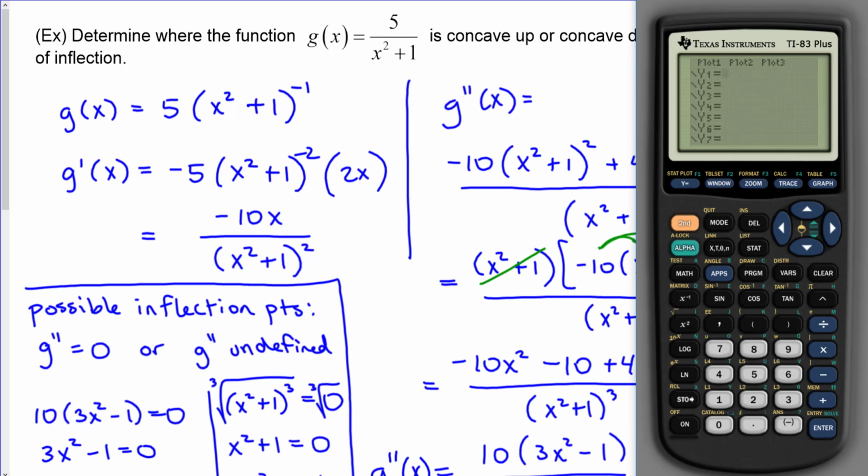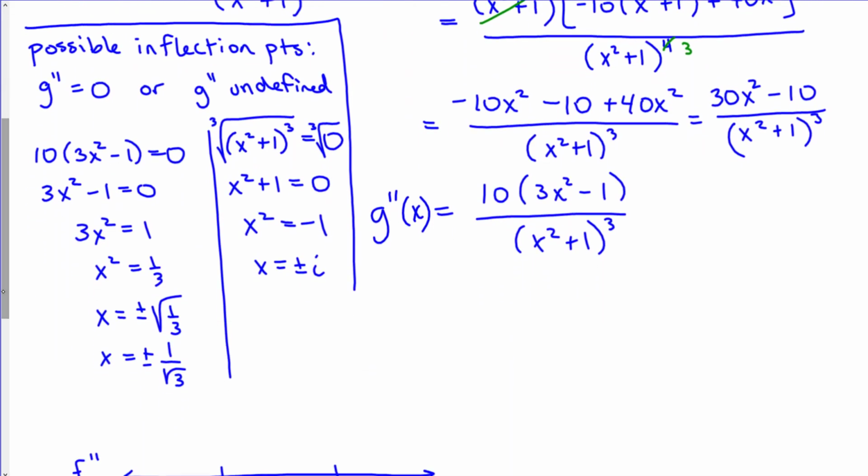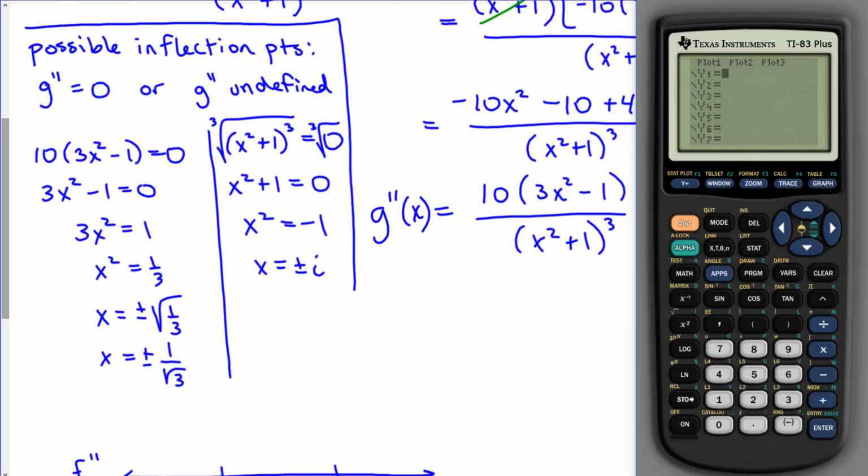I need to evaluate this at the second derivative. So let me go back to my second derivative, which is 10 times 3x squared minus 1 over x squared plus 1 cubed.